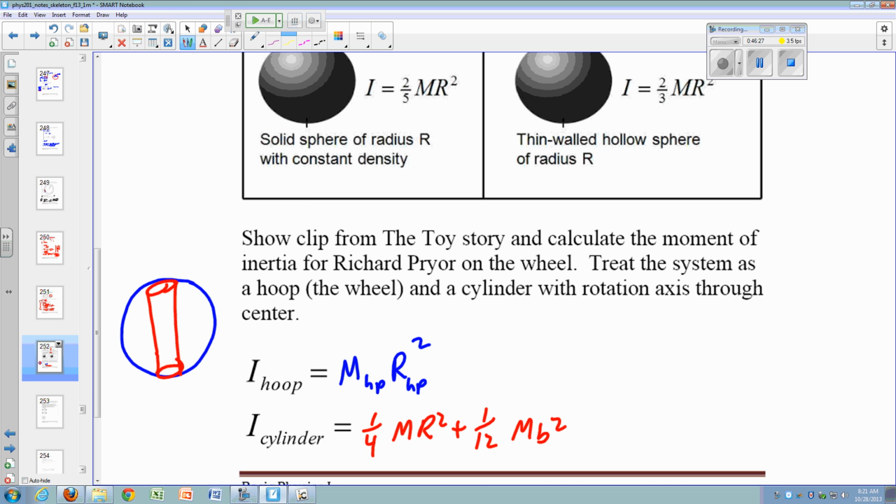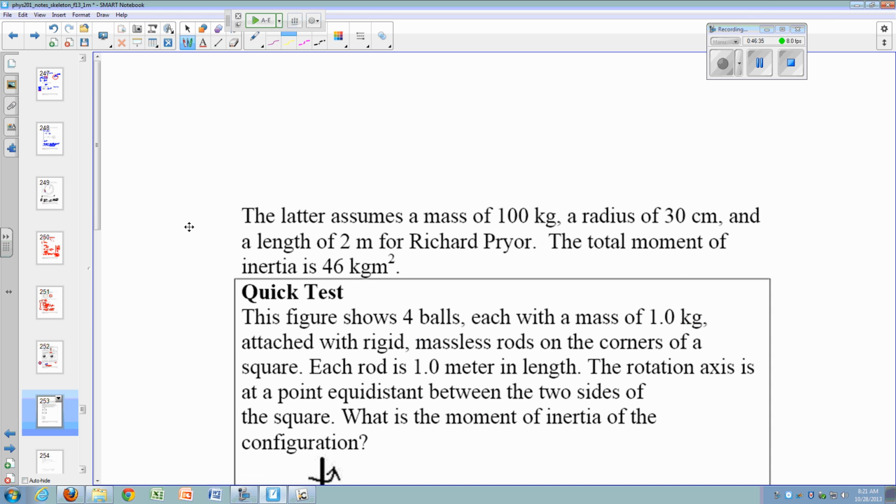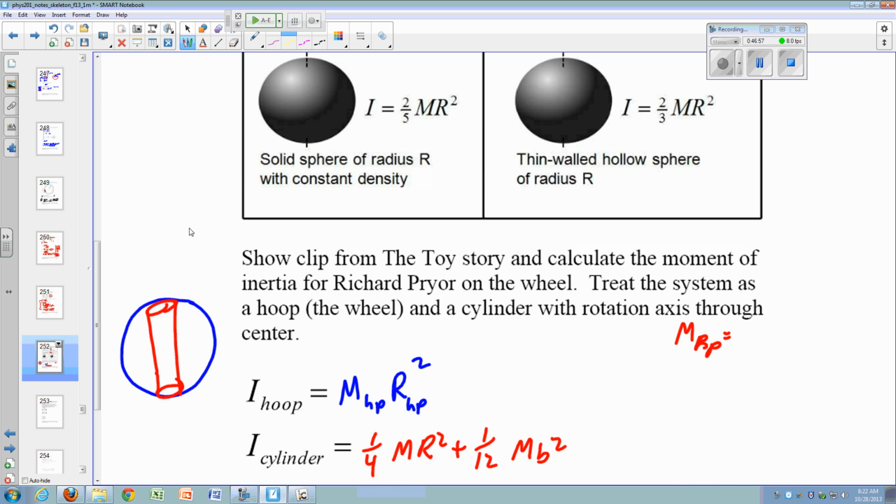All right, so let's do some numbers. We assume a mass of 100 kilograms for Richard Pryor. His radius, we'll assume 30 centimeters. That's the distance from the center of his body out to here, so 0.3 meters, and a length of 2 meters. Let's say for the mass of the hoop, we'll have 10 kilograms.